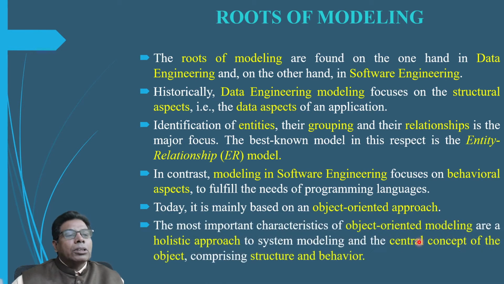Then the most important characteristics of object oriented modeling are holistic approach to the system modeling and central concept of the object. So everything is around the object, and it comprises of the structure and behavior. The object will have the structure and it will have the functions associated with it, and that forms the behavior part of that.